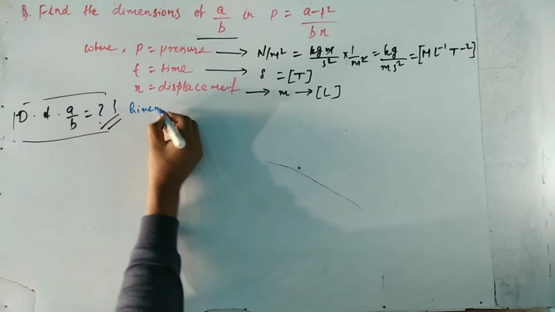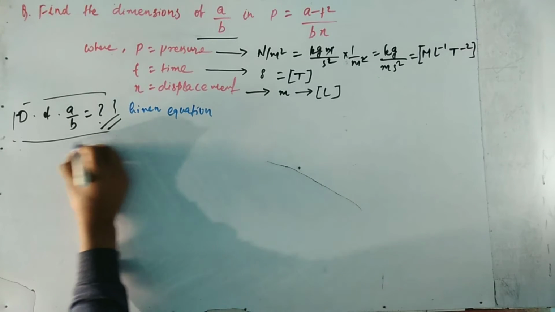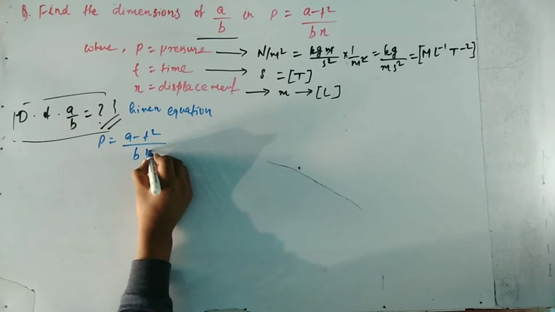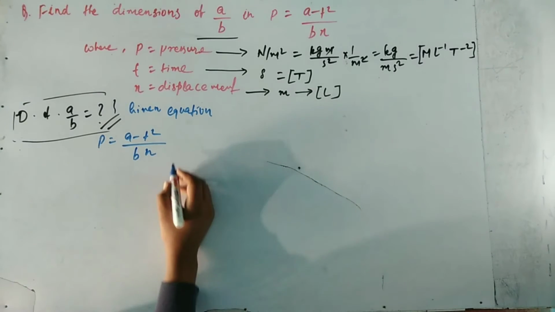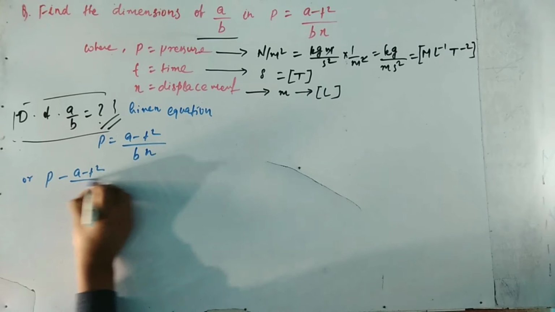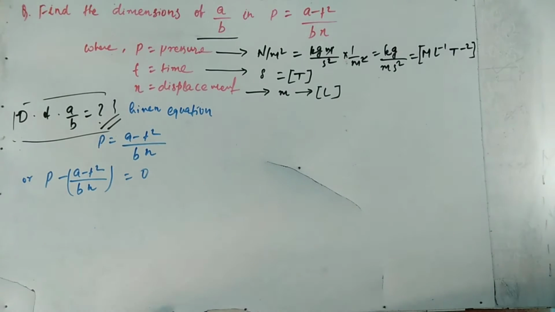Now, in the given equation, P equals (A minus T square) by Bx. We can write the equation as P minus the whole of (A minus T square) by Bx equals 0.